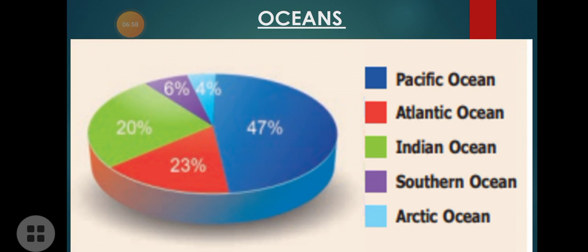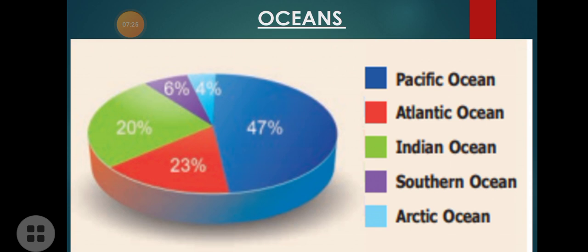So Pacific Ocean is the largest ocean. Nearly half of the ocean water of the world is covered by the Pacific Ocean. So the Pacific Ocean is the largest ocean in the whole world.